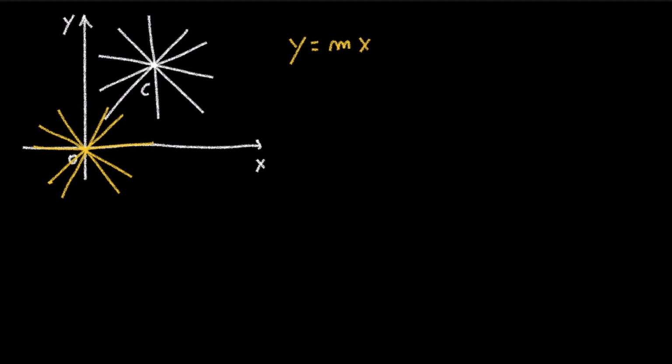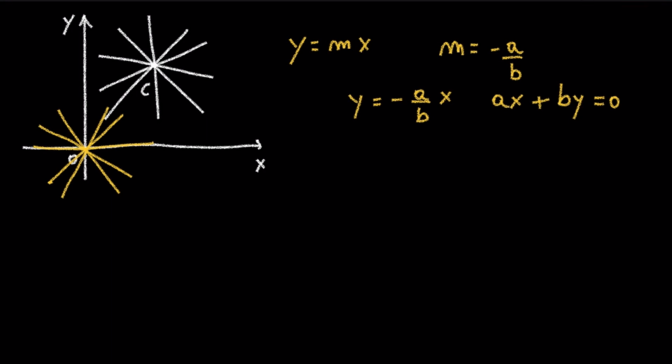To obtain the equation for all lines passing through the origin, including the y-axis, we can set m equals minus a over b, which gives y equals minus a over b x, or equivalently ax plus by equals 0.